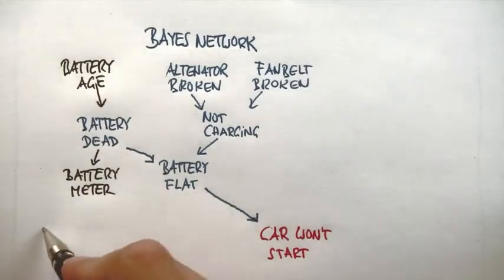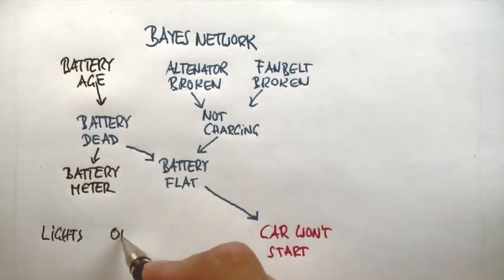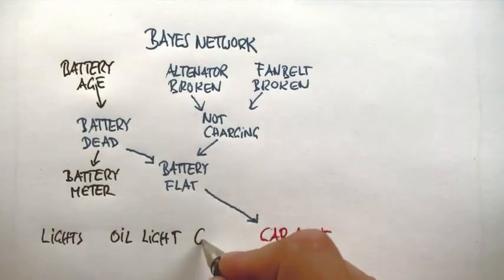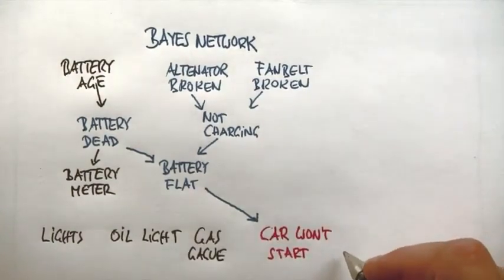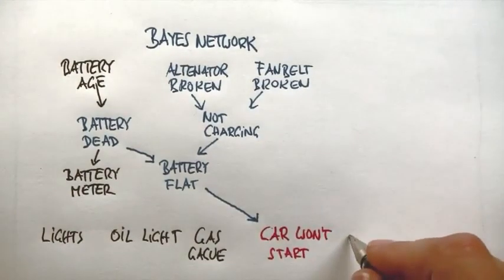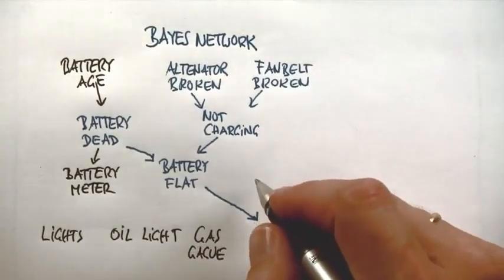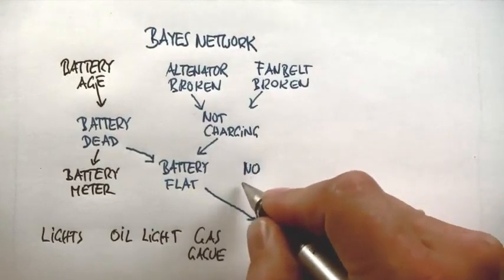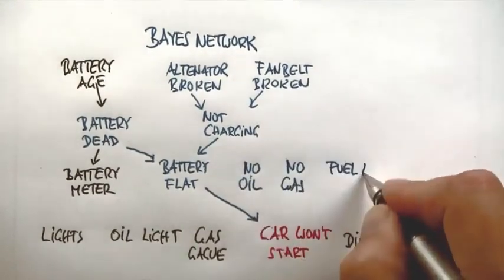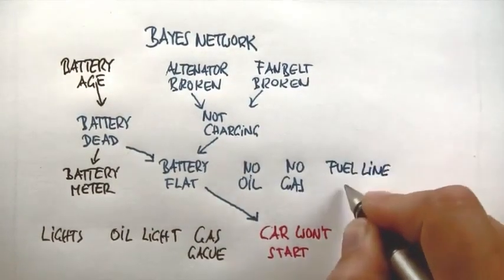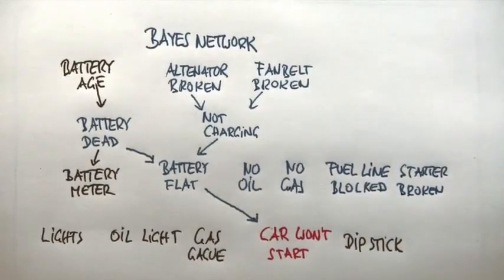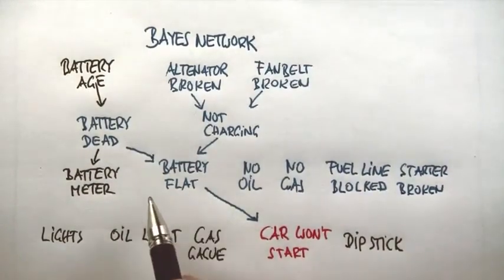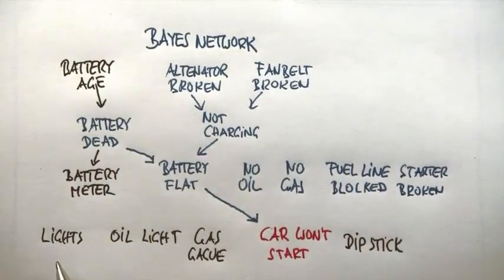You might inspect the lights, the oil light, the gas gauge. You might even dip into the engine to see what the oil level is with a dipstick. And all of those relate to alternative reasons why the car might not be starting, like no oil, no gas. The fuel line might be blocked, or the starter may be broken. And all of these can influence your measurements, like the oil light or the gas gauge, in different ways.